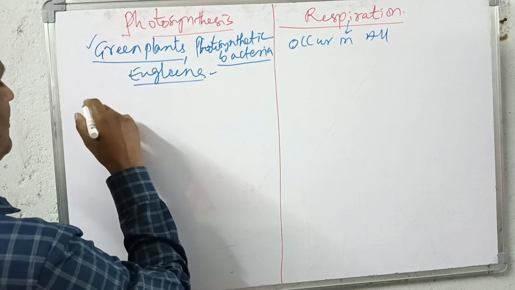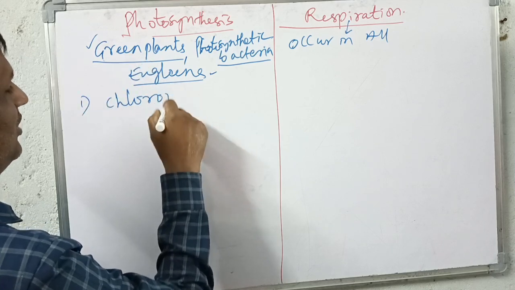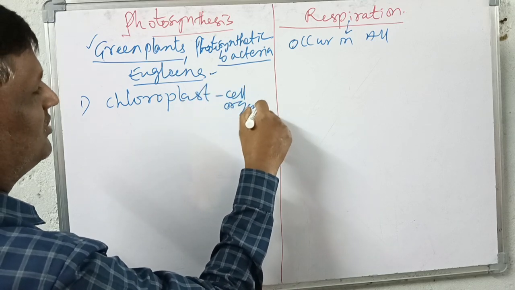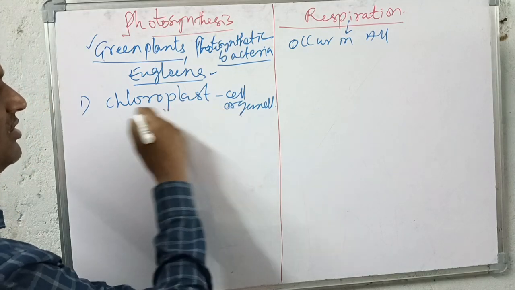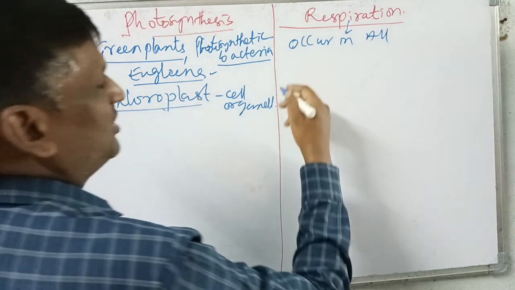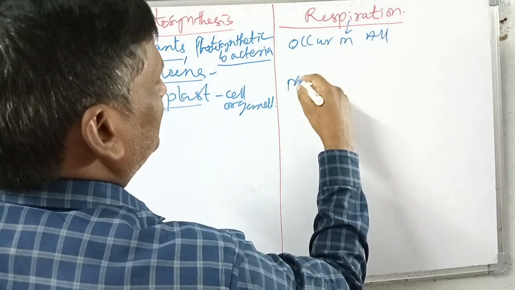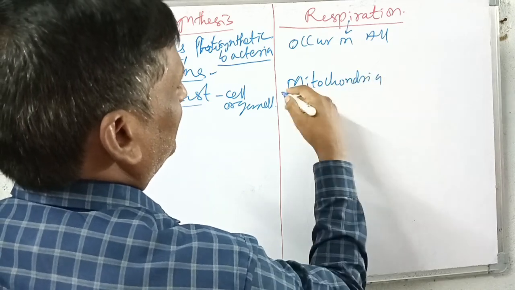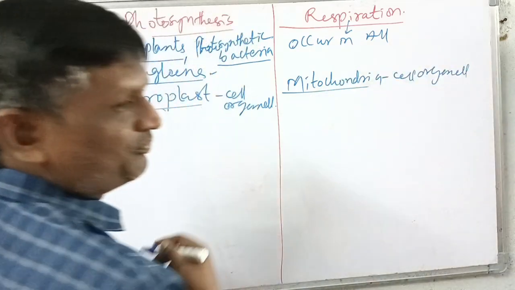And photosynthesis takes place in the cell organelle chloroplast. The major cell organelle where photosynthesis takes place is chloroplast. But respiration takes place in the cell organelle mitochondria.